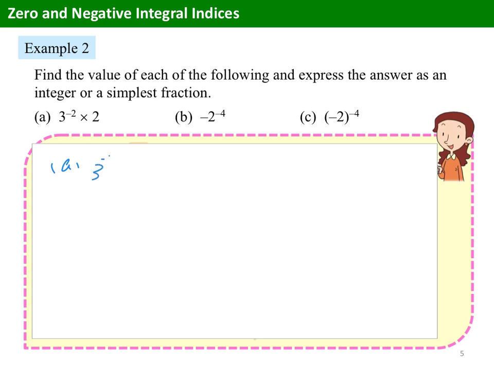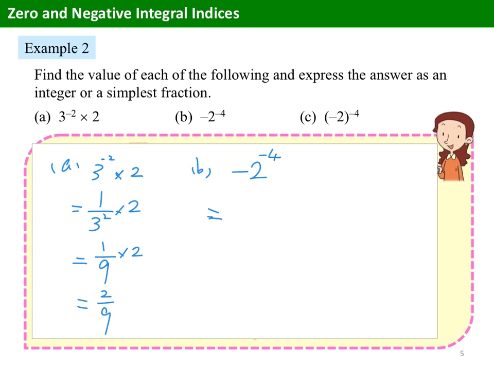3 to power negative 2 times 2. For the negative index, you can change to a reciprocal, equal to 1 over 3 to the power 2, times 2. Become 1 over 9 times 2, which is 2 over 9. For B, we need to be careful about the negative sign.